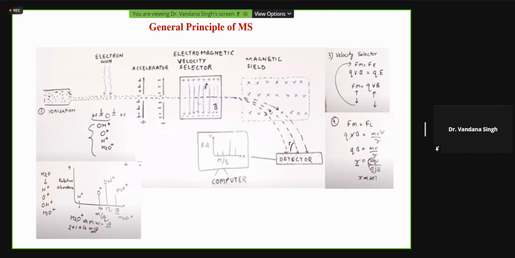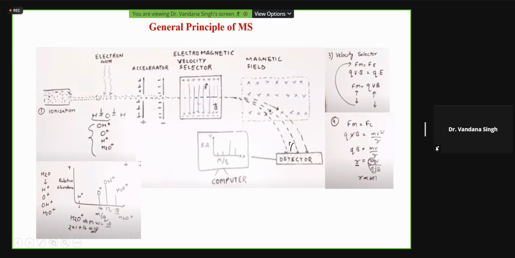So what is the basic principle? I have a generalized diagram for better understanding of what exactly happens inside a mass spectrometer. As we have discussed earlier, in a mass spectrometer, ionization is a very important step. In fact, it's the first step.